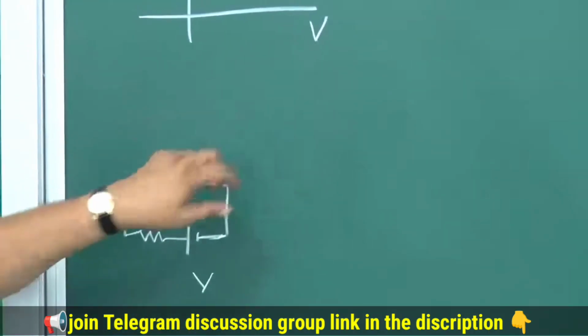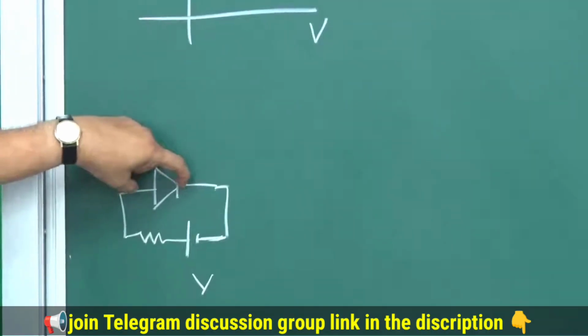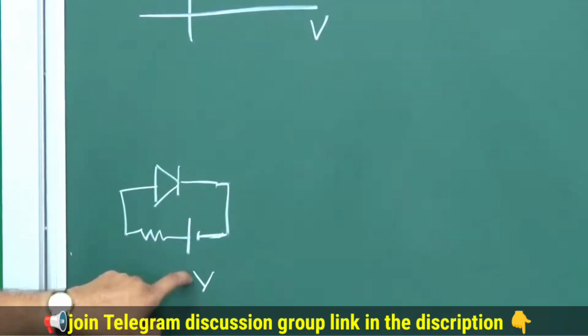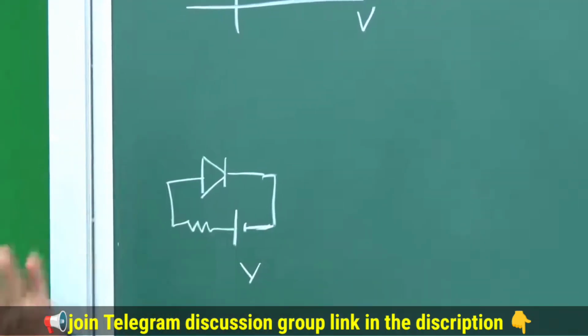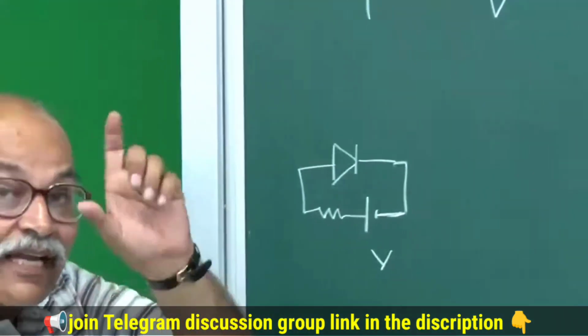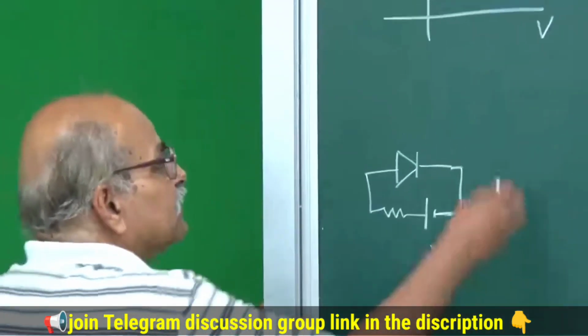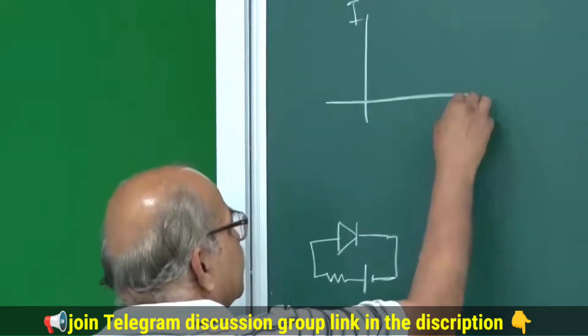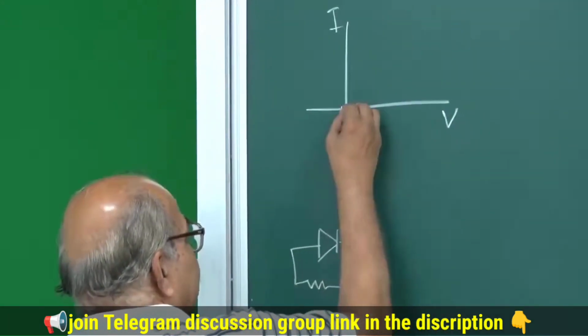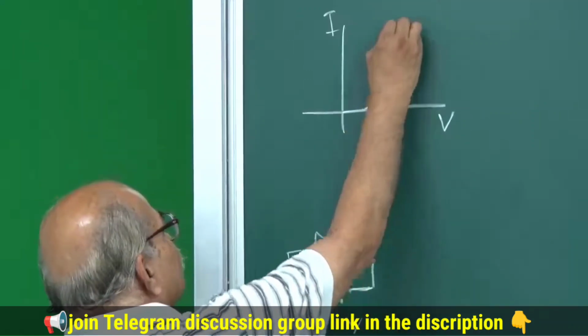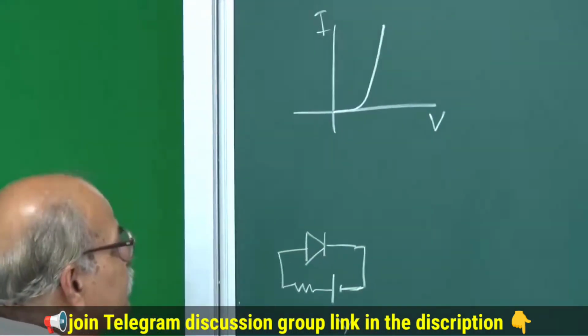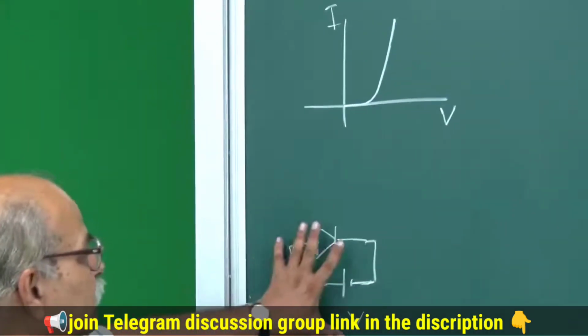It is the potential difference across the p-n junction, not the battery voltage that we are applying, not that VCC, VBB, but across the junction. So if this is V and this is I in forward bias, this kind of characteristic is shown in the case of a p-n junction.